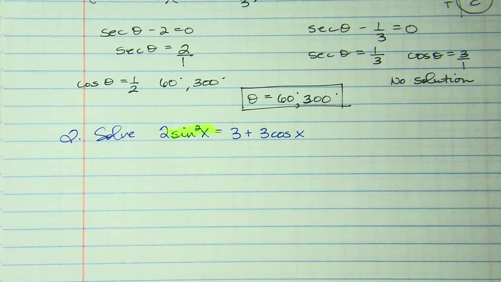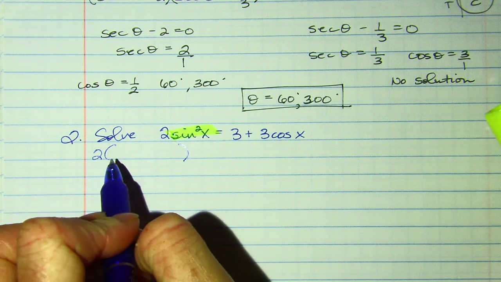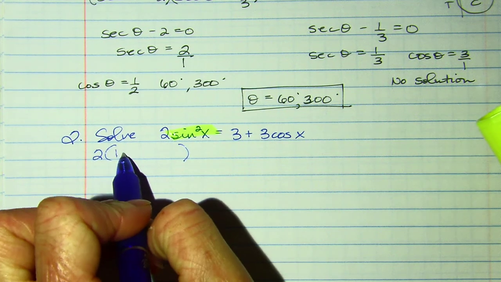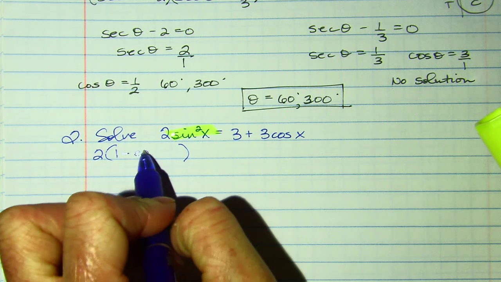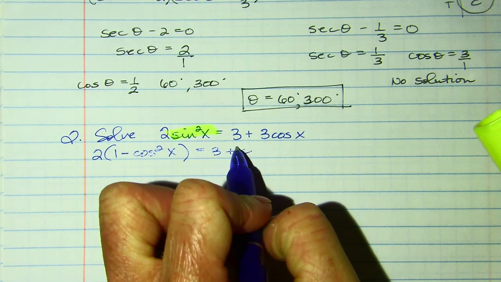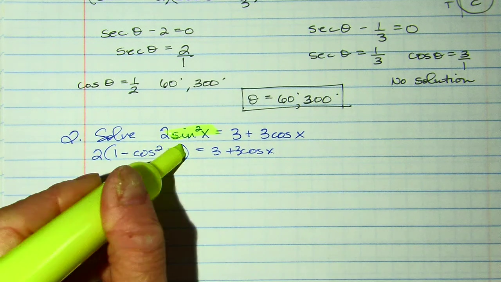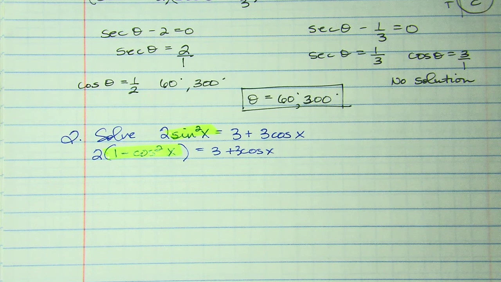And so that's exactly what I'm going to do. I'm going to replace it with, this would be 2 times 1 minus the cosine squared of x equals 3 plus 3 cosine x. So now I just replaced what was in yellow, but now everything's in terms of cosine.